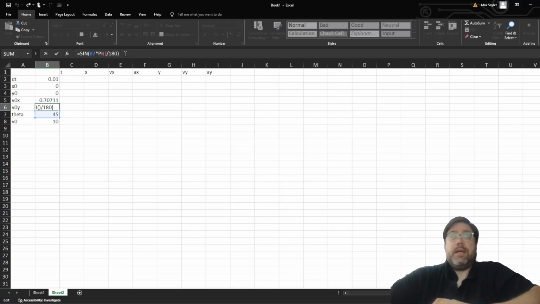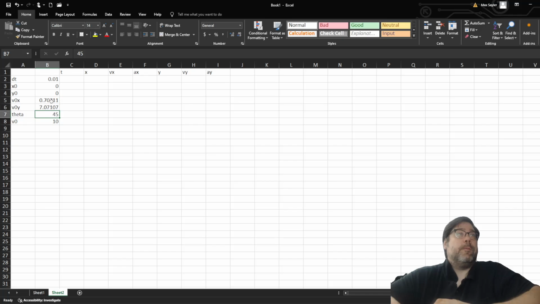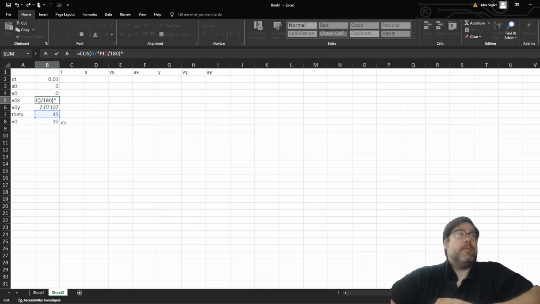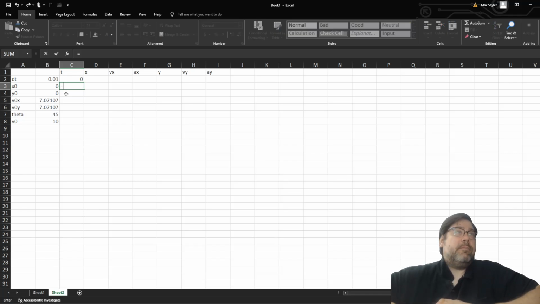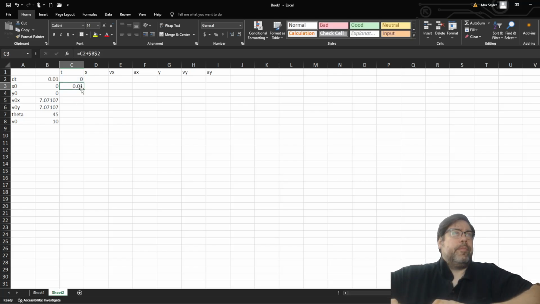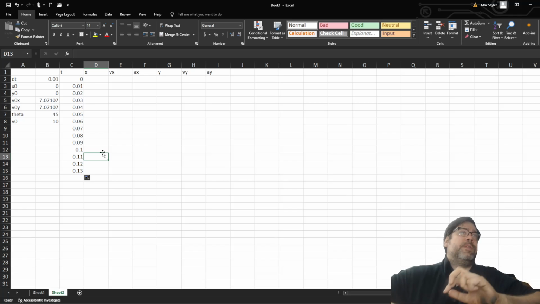Of course, times v0. Good. So now our time will start at 0, and time is just equal to the previous line plus delta t. And we can just drag a few of those down.